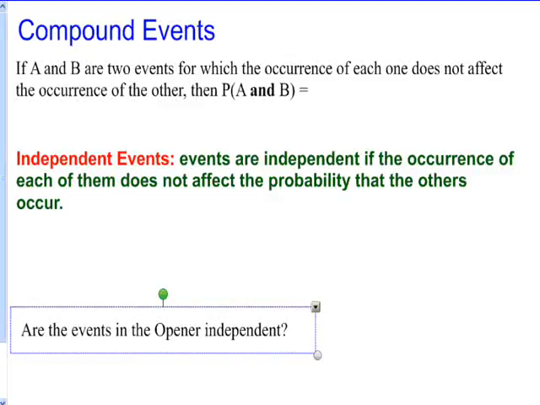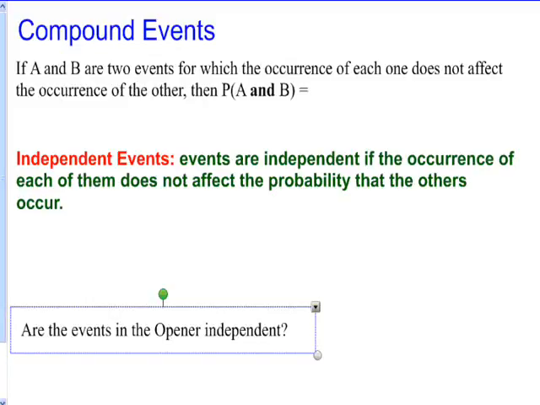So they're compound events, and sometimes we will have an independent event. The events are independent if the occurrence of each of them does not affect the probability of the other. So this could be, I roll a dice and get a 3, and I flip a coin and land heads.